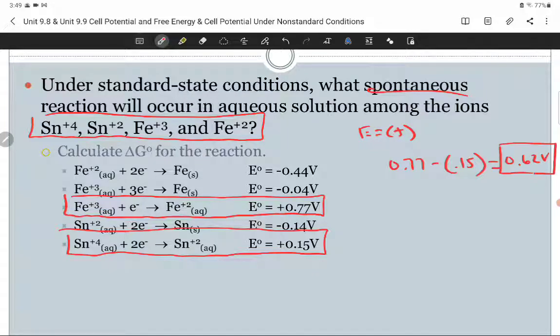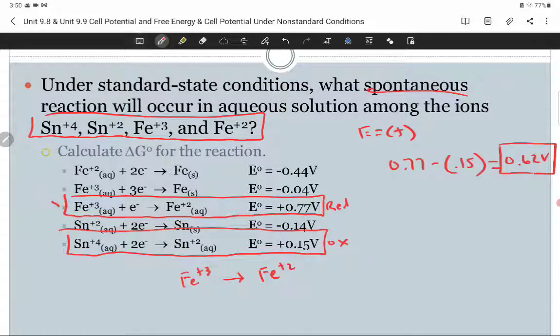So the standard E cell would be 0.62, and since we put the 0.77 first, that's the reduction half reaction, and then that would have to be the oxidation half reaction. So let's write that out. Iron plus 3 goes to iron plus 2.